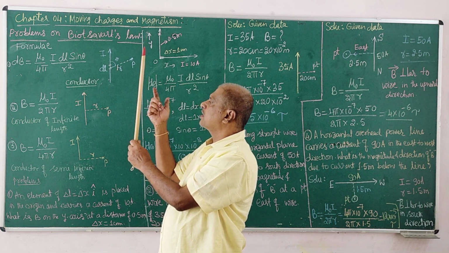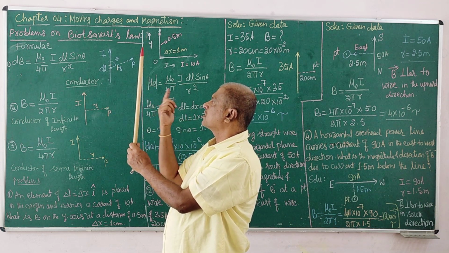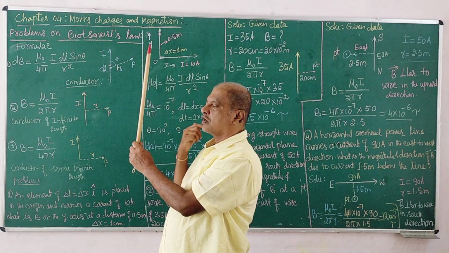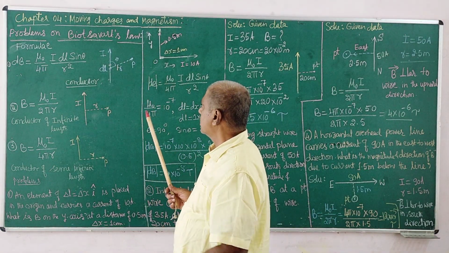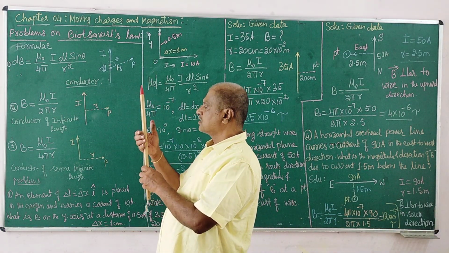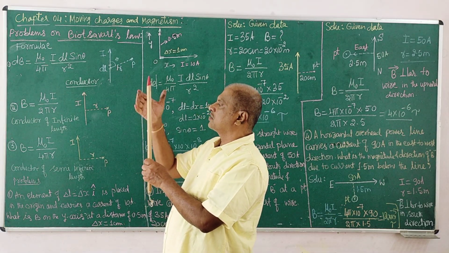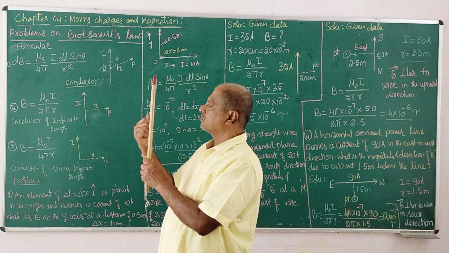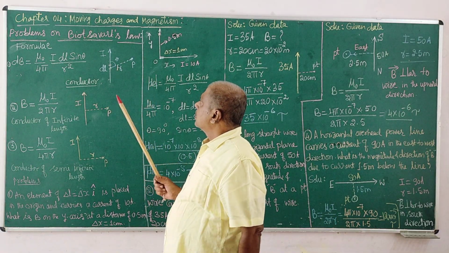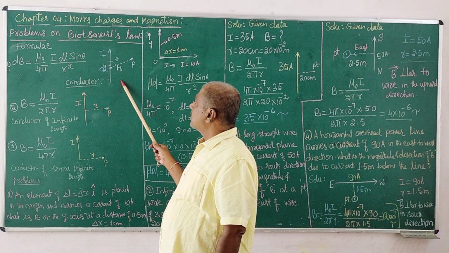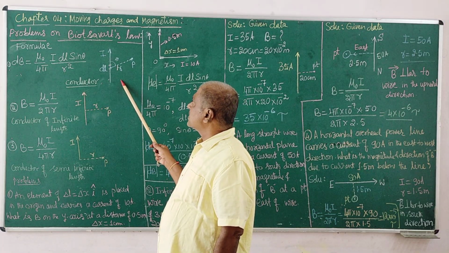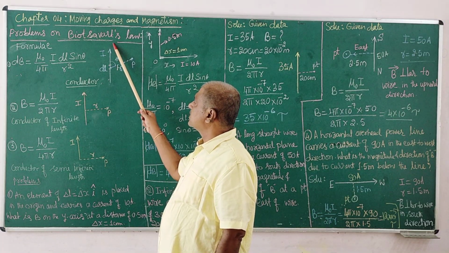So magnetic field lines surround the conductor at every point in concentric circles. The direction here is clockwise. And this is the pictorial representation of Biot-Savart's law.